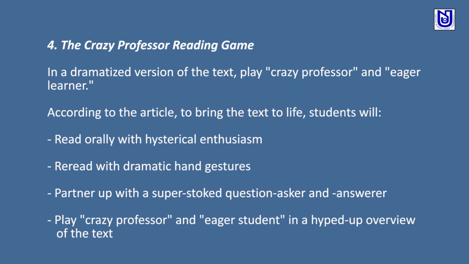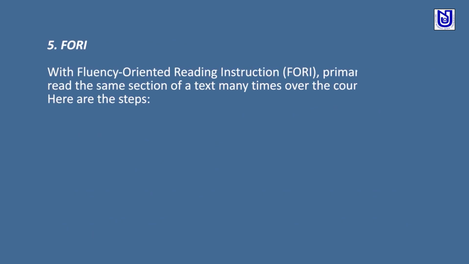Now, the next intervention technique is known as FORI, F-O-R-I, which stands for Fluency Oriented Reading Instruction. Primary students read the same section of a text many times over the course of a week.